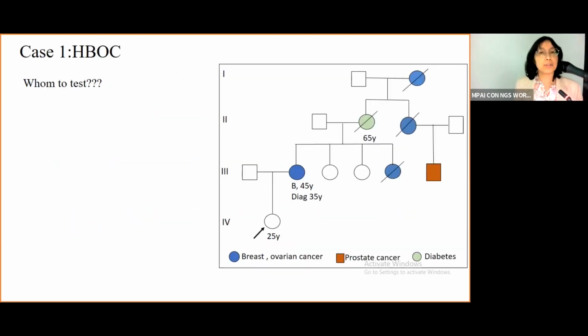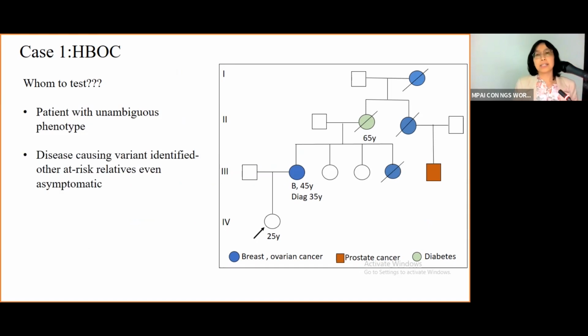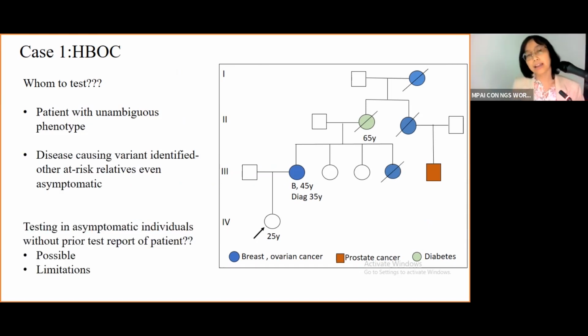So in terms of selecting the individual who should be tested, there is the dictum in any genetic testing that the patient should have an unambiguous phenotype. So even in this family, if we have this 25-year-old female coming to you for testing, looking at the pedigree, we would ask them to get this affected individual tested first and then go for the testing.